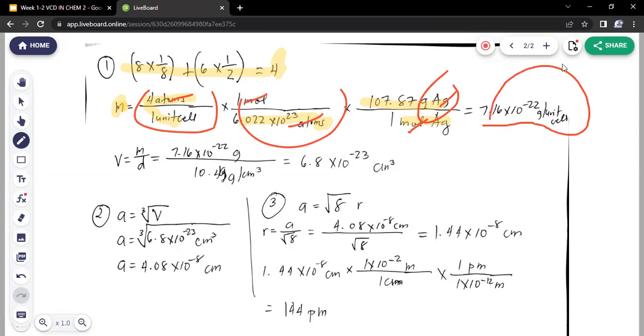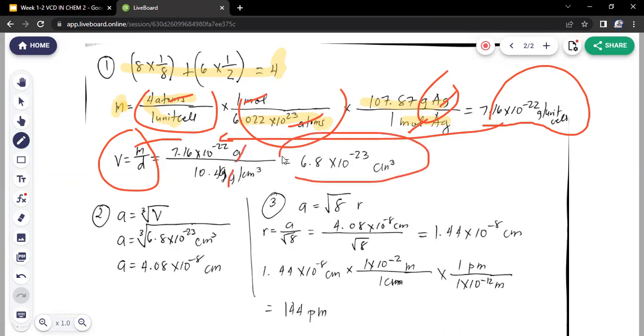Then find the volume through this formula, mass over density. Plug the value of the mass, 7.16 times 10 raised to negative 22, over the density. The density is given in the problem, that is 10.49 grams per cubic meter. Cancel the gram unit, and you will have 6.8 times 10 raised to negative 23 cubic meter.